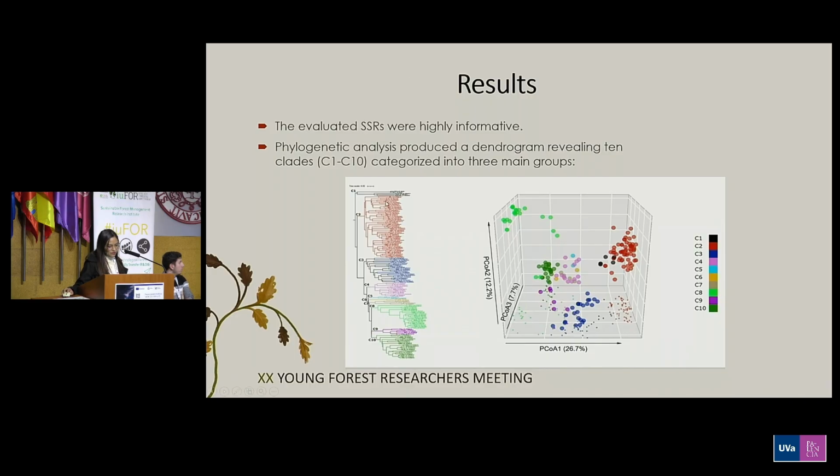The second group is this one, and the third group is this one. We saw that there was a mixture of all the species that you can see here. And this is very important because we infer that they are derived from processes of domestication or also from hybridization or gene flow. So this is something that we are evaluating.